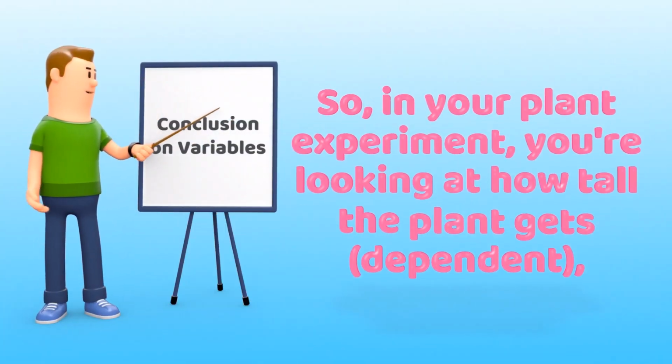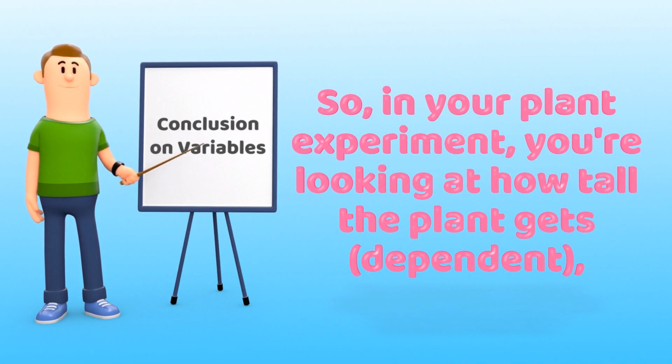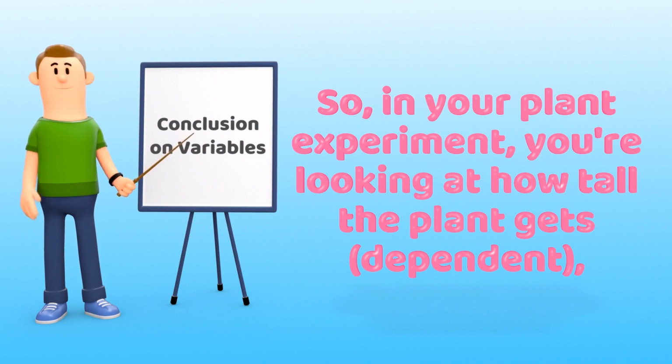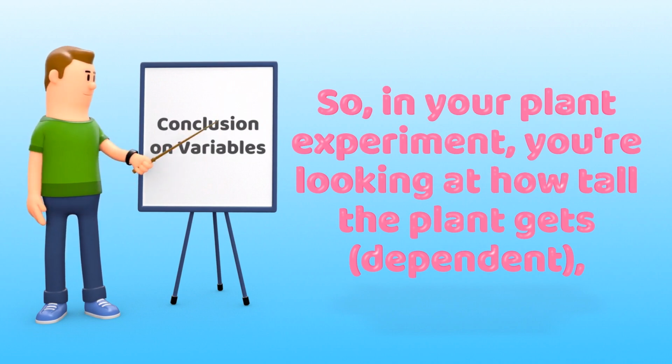Okay, let's now conclude on variables. In our plant experiment, we are looking at how tall the plant gets. That is the dependent variable.